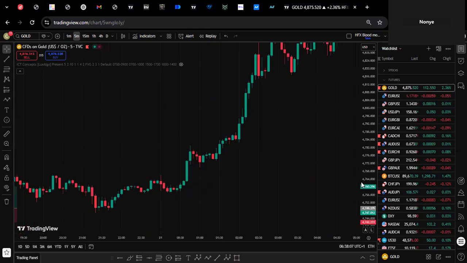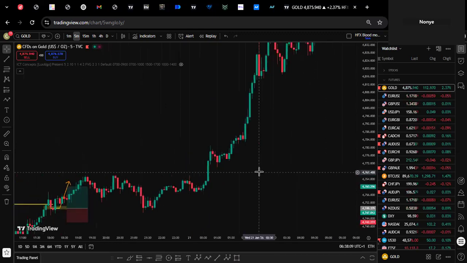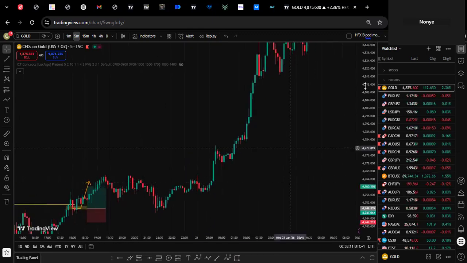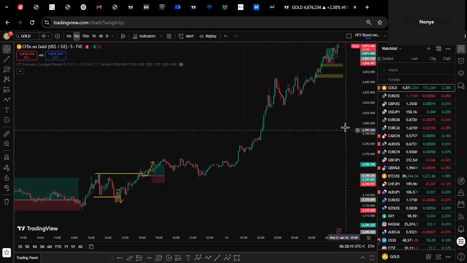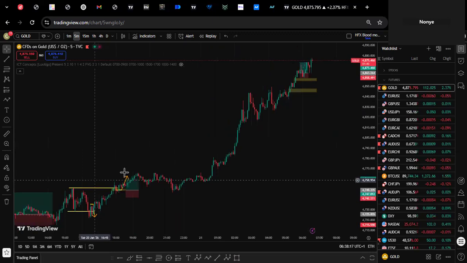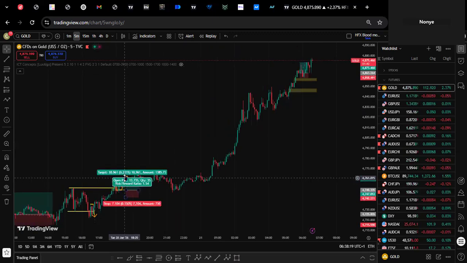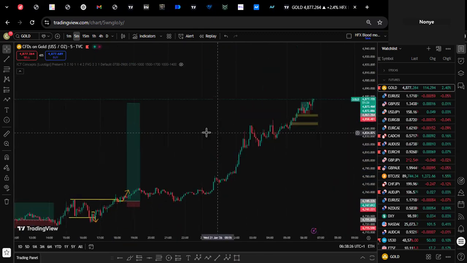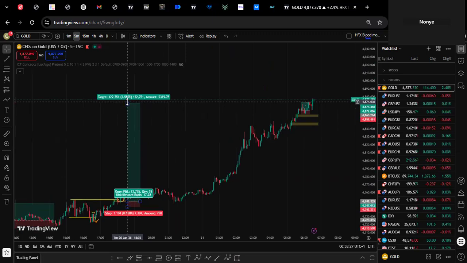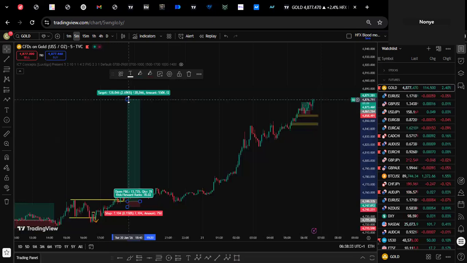Now, let me give you a glimpse of what you would have. With the lowest risk, if you had that trade from this very point, let me show you how amazing this is. If you had that trade with the lowest risk, 0.01 lot size, where the market is currently, it's just $128, just overnight.